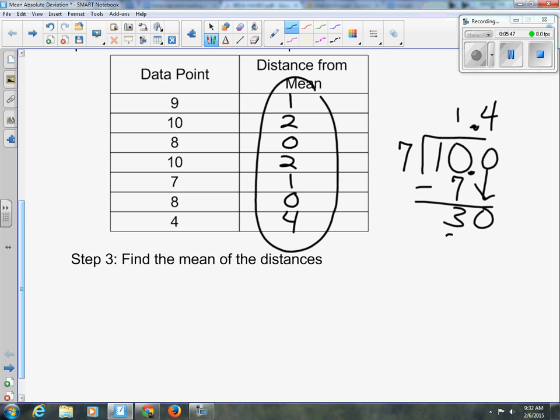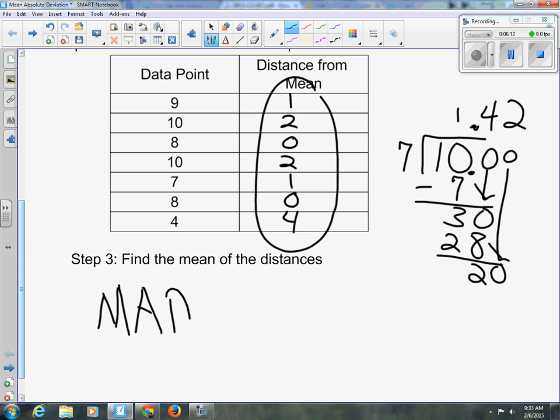We already said 4. 28. We're going to have a 2. We're going to add a 0, bring that down. That's going to go in there 2. So it's going to be about 1.4. That number right there is the mean absolute deviation. I'll just let you abbreviate it as MAD. MAD is about 1.4. That little wavy equal sign means about. It's not equal, it's a wavy.